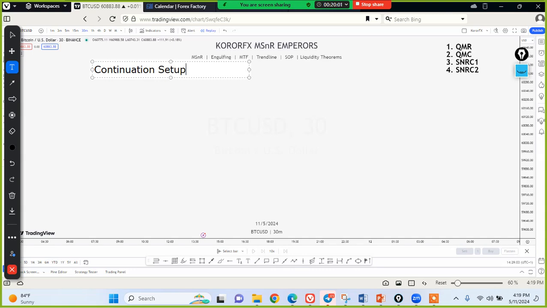Only 3 setups, guys. One is QMC. What is QMC? QM continuation. That's it. The other one is SNRC.